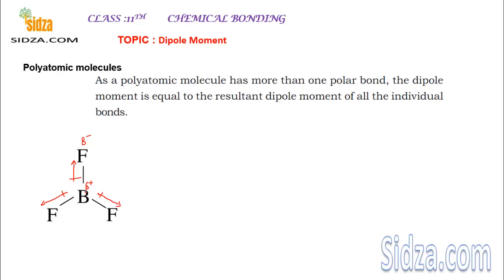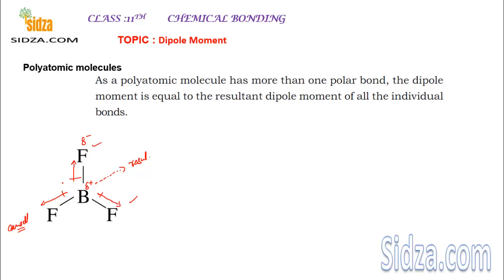But if you look at these two vectors, this bond and this bond, the resultant of the two will be in between, right? This is the resultant of these two vectors. The resultant of these two vectors will be cancelled by this one. That means this bond moment here will be cancelled by the resultant of these two.